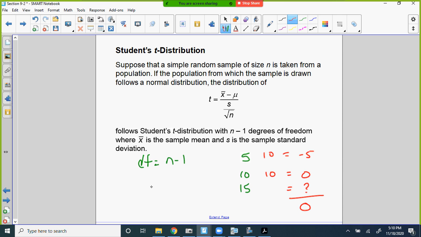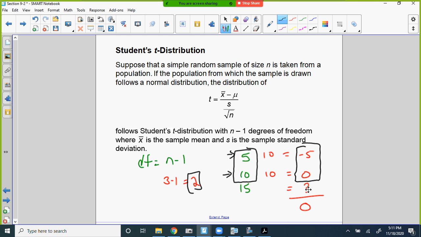So if I were to say that the degrees of freedom on this, well, I have 3 samples, so 3 minus 1 is 2. When I say I have degrees of freedom of 2, it means I have basically 2 values that can be arbitrary. They can be whatever they need to be, right?